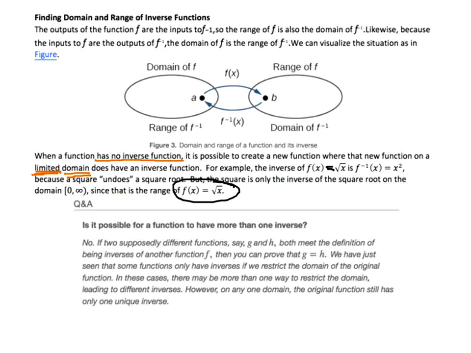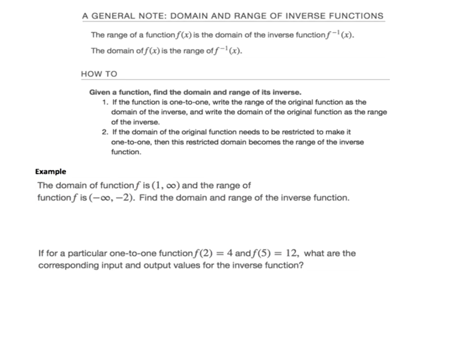We have just seen that some functions only have inverses if we restrict the domain. In these cases, there may be more than one way to restrict the domain, leading to different inverses. However, if you're using the same domain, you're only going to have one unique inverse function.